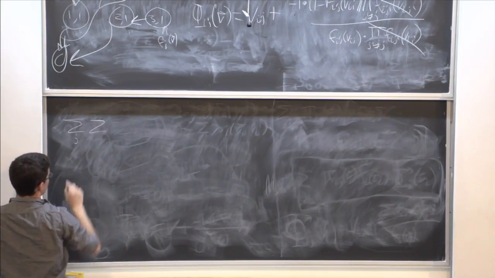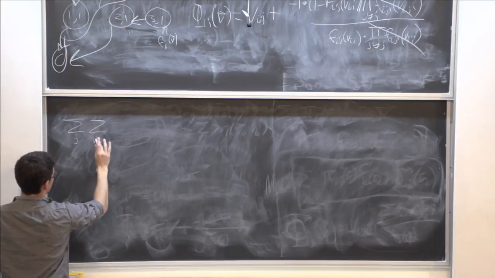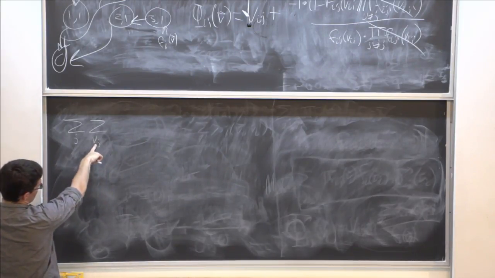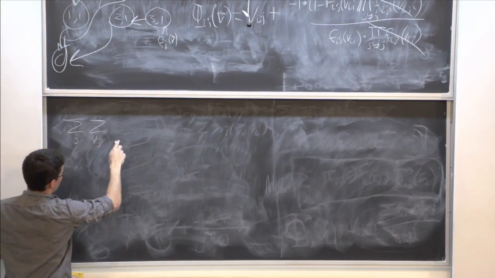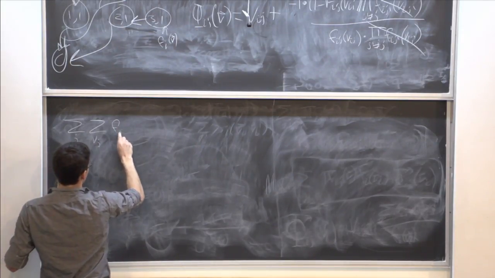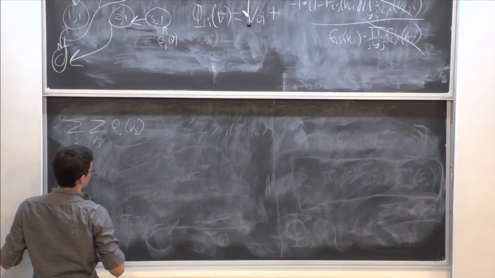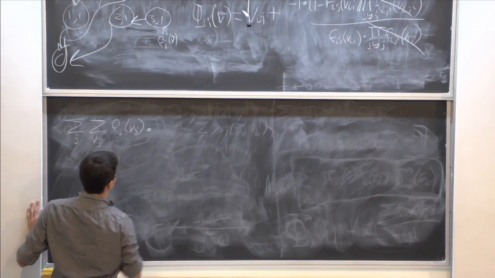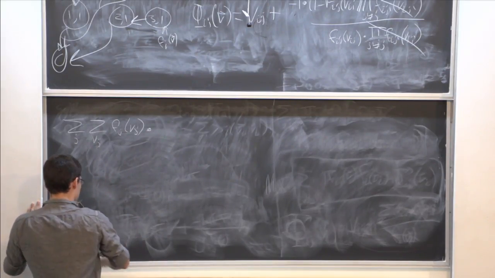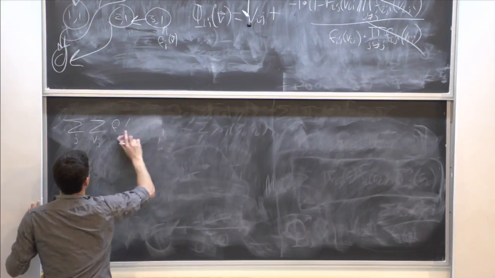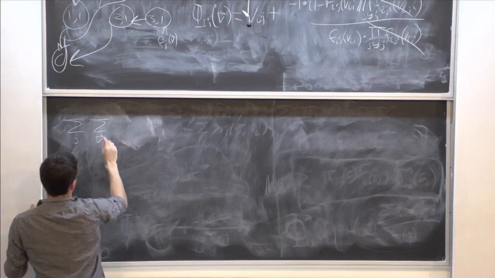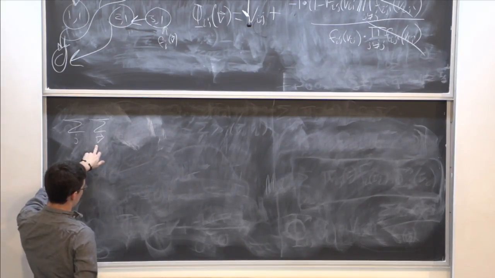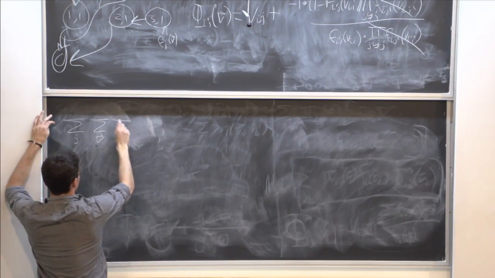We have the sum over all, so I'm going to drop the subscript of i because there's only one bidder. So the sum over i is the sum over all values. We have f_j of v_j times, let's write it the longer way. So the sum over all valuation vectors.